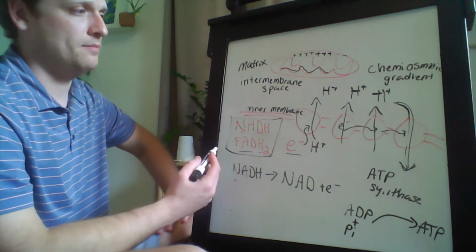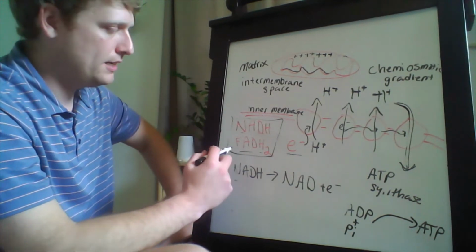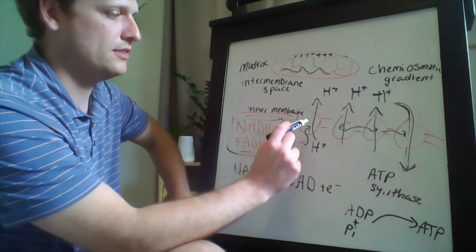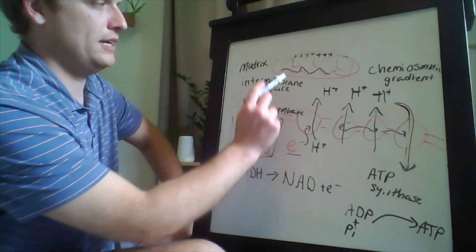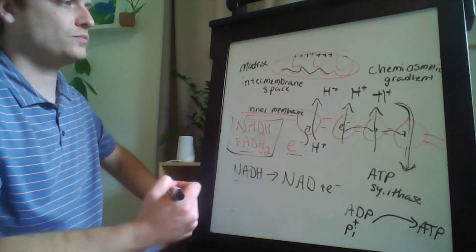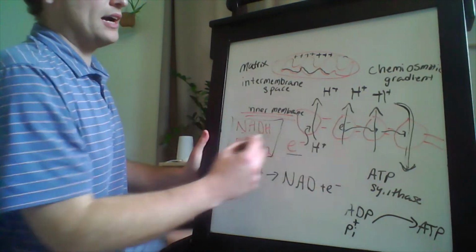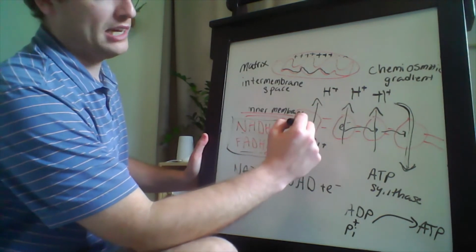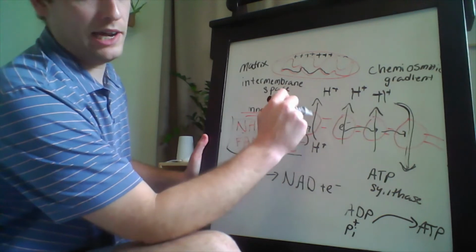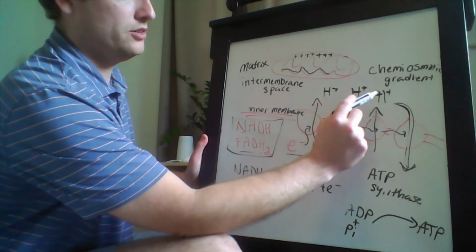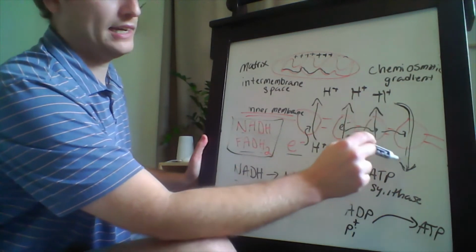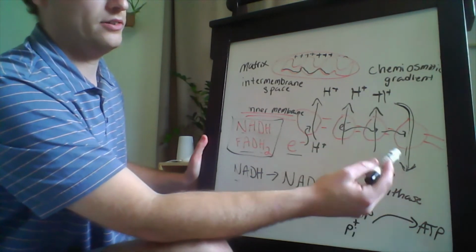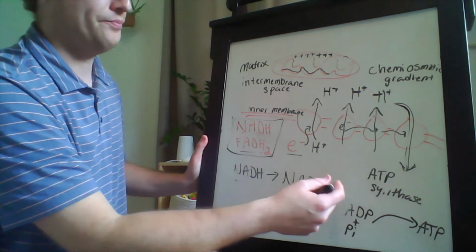But the payoff here is that these electron carriers are carrying electrons to the inner membrane in mitochondria. So this whole process, transporting electrons using the energy from electrons bouncing around to pump hydrogen ions, using those hydrogen ions flowing back into the mitochondrial matrix to turn the turbine and make ATP.